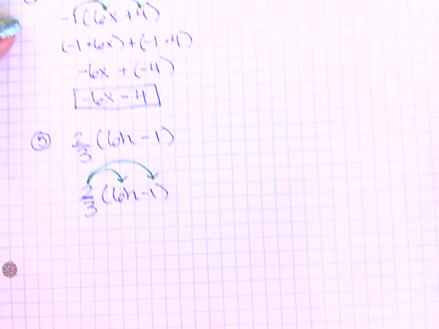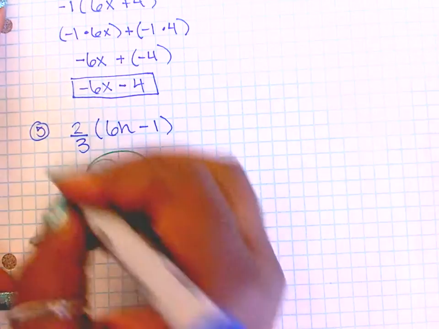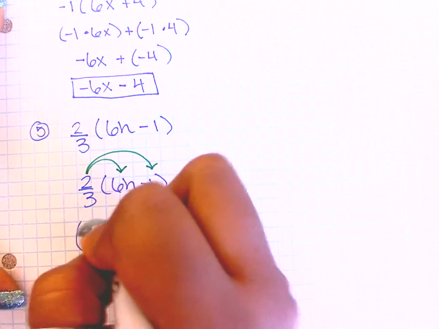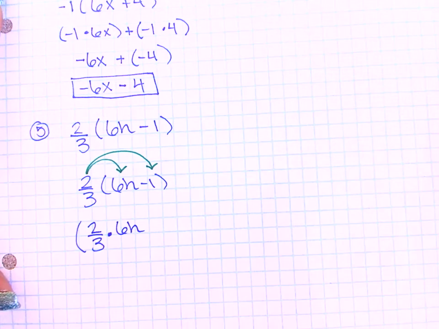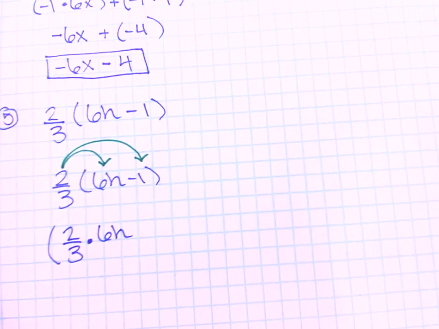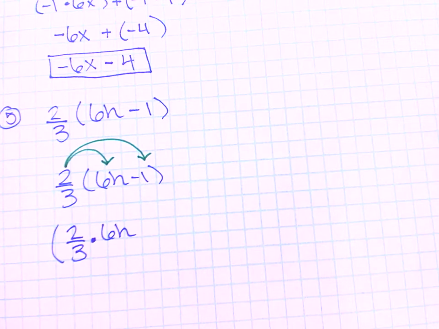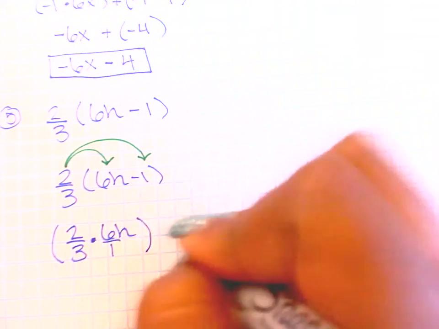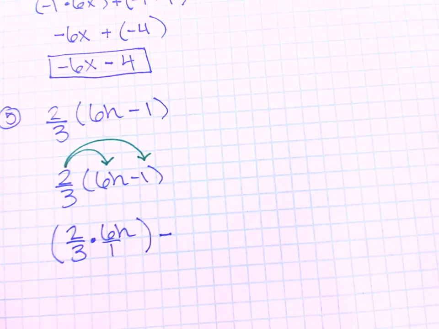So when I rewrite the problem out, I'm going to have 2/3 times 6h. Now what is below that 6 that's invisible that I can write in? 6 over what? 1, exactly. And I have my subtraction sign.